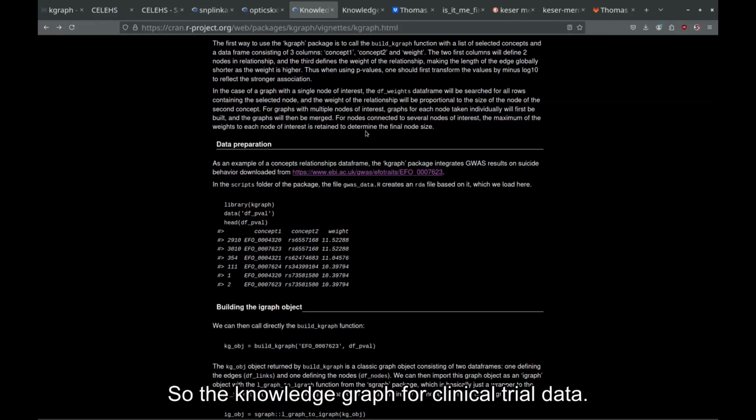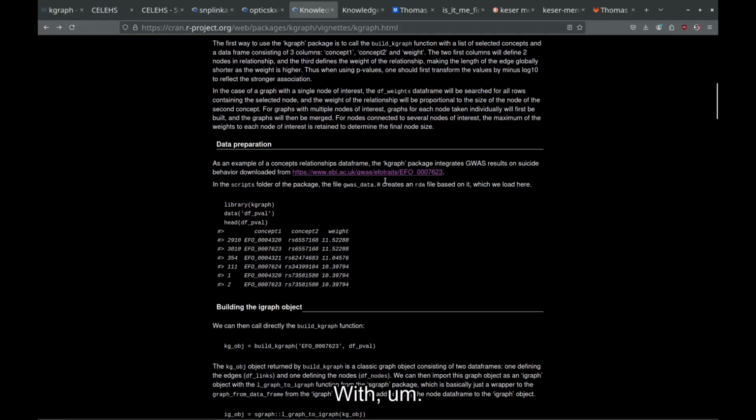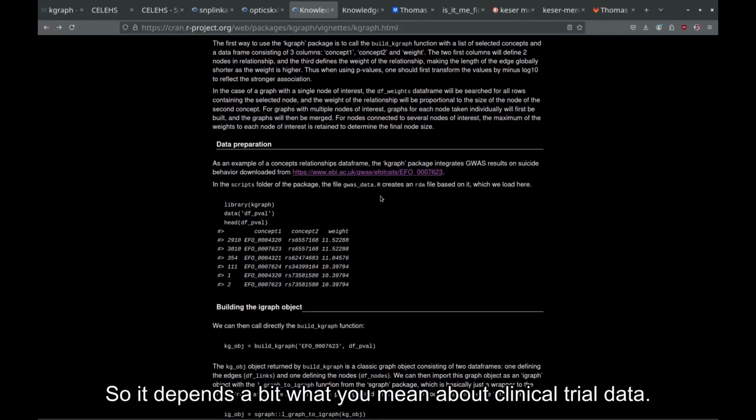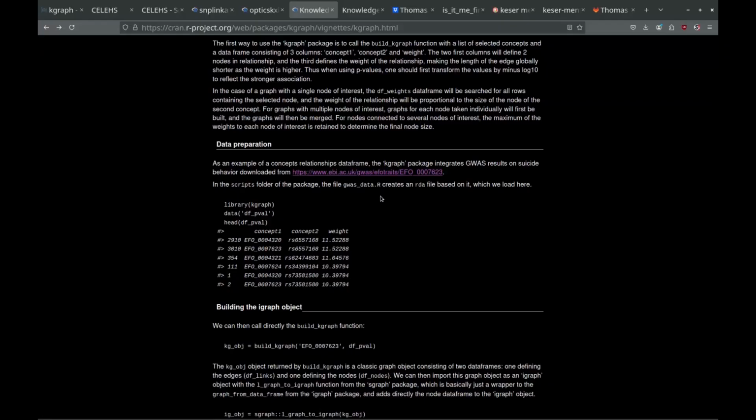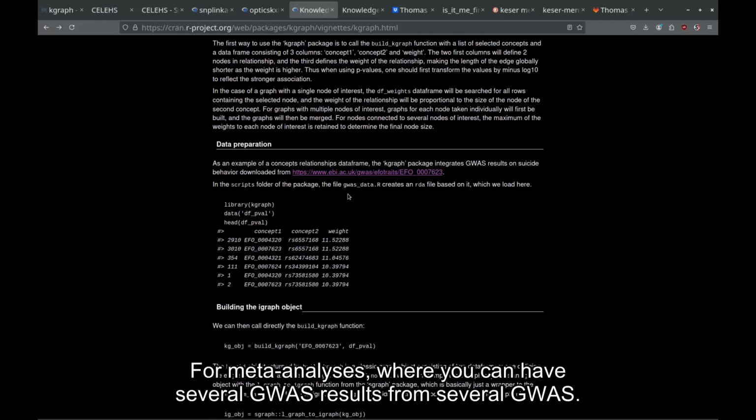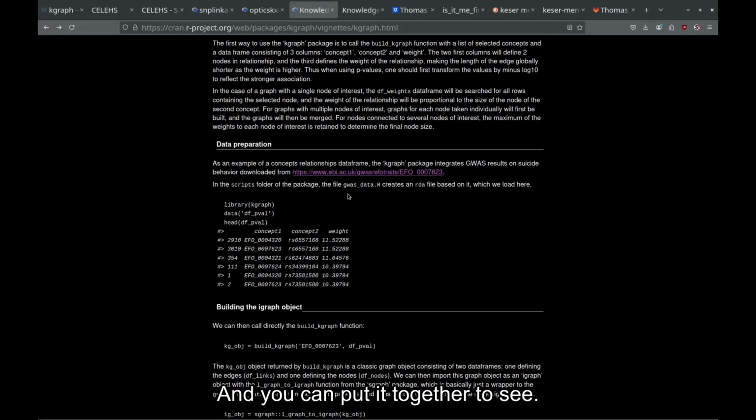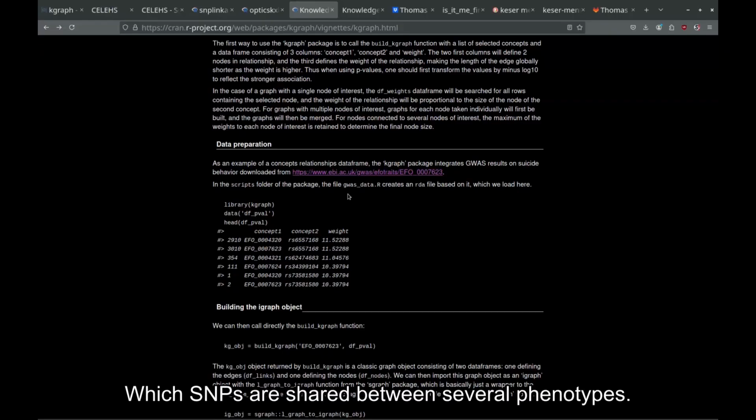So the knowledge graph for clinical trial data is this first example. It depends a bit what you mean by clinical trial data, but I find it especially useful for meta-analysis, where you can have results from several GWAS, and you can put them together to see which SNPs are shared between several phenotypes.